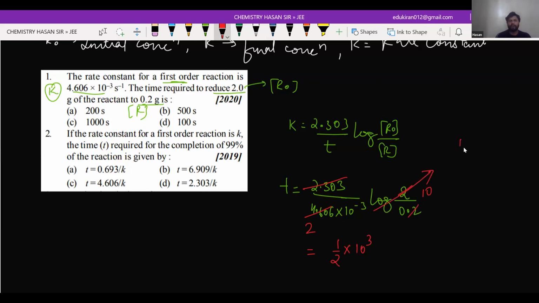And log 10 has a value equal to 1. So basically, this will be 0.5 into 10 raised to the power 3. That means 500 seconds. Isn't it easy? If you know how to apply the formula, the whole chapter is very easy. Is that clear, everyone?